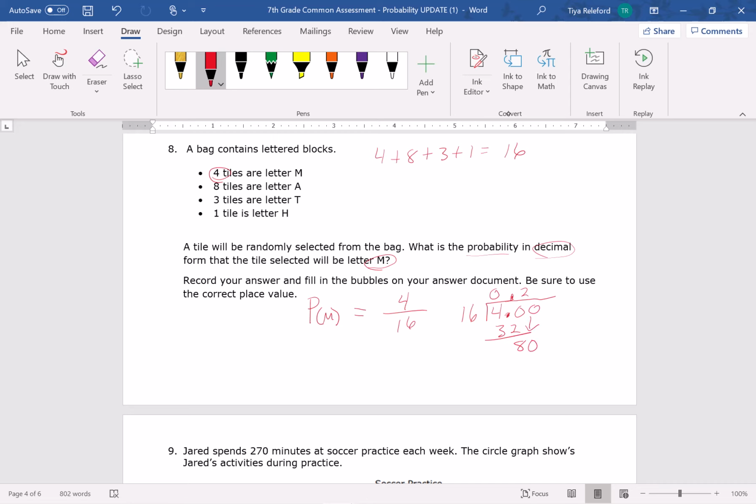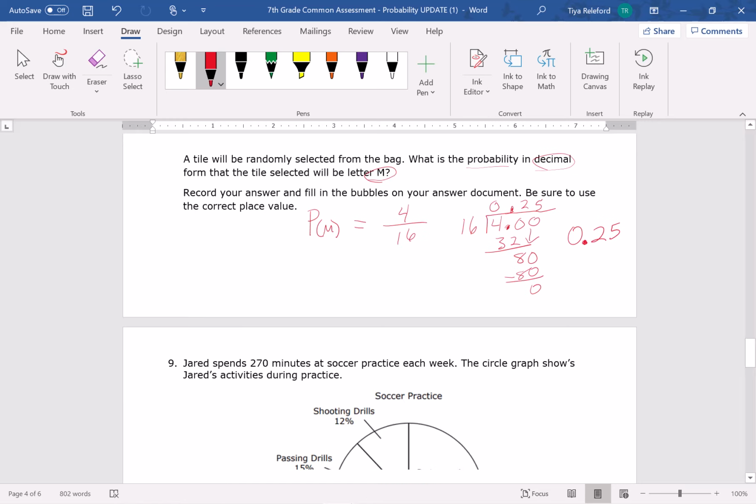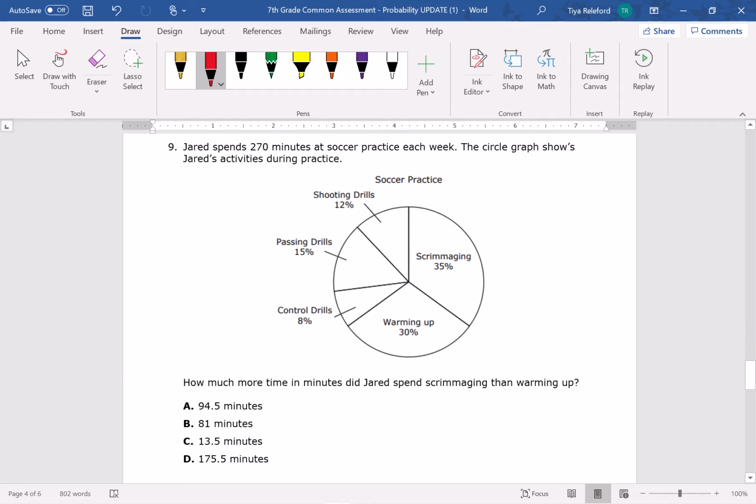Add a 0. 16 goes into 80 5 times. 16 times 5 is 80. So your answer is 0, big fat decimal point, 2 5. If you don't have this division, getting your points back for number 8.